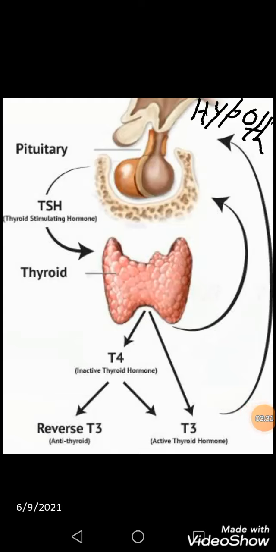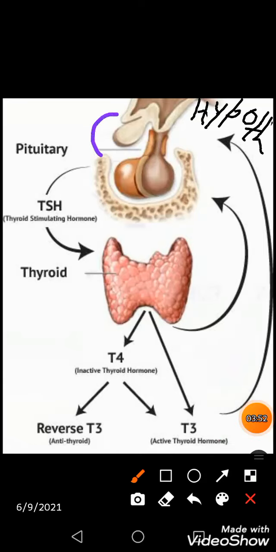Here is a very good picture to show you the negative feedback control mechanism regarding your thyroid hormone secretion. Concentrate, there is the hypothalamus at the top, and then you can see the pituitary. From the hypothalamus, the thyroid releasing hormone acts on your anterior pituitary. And why does this happen?